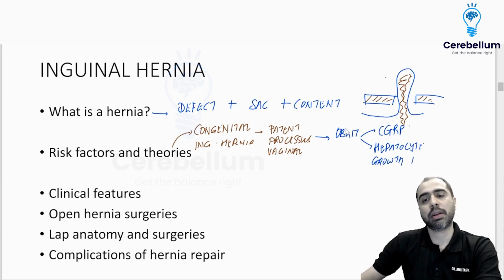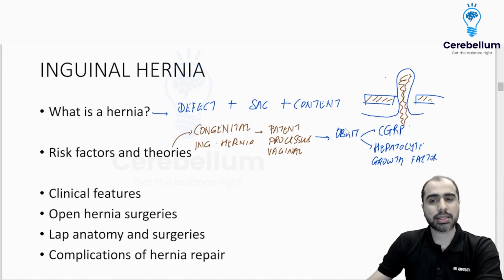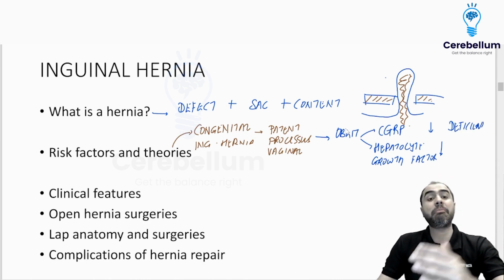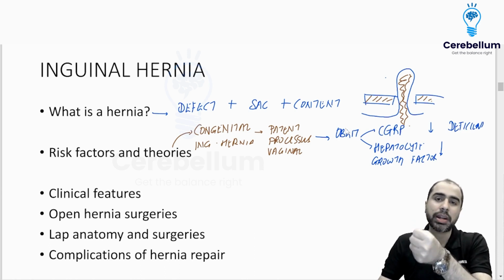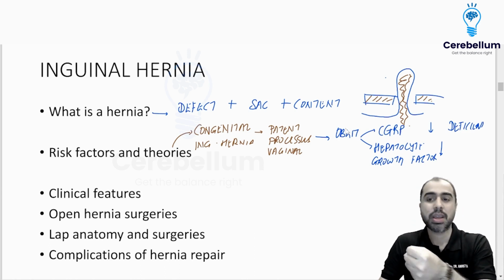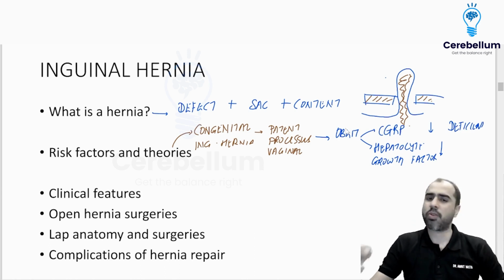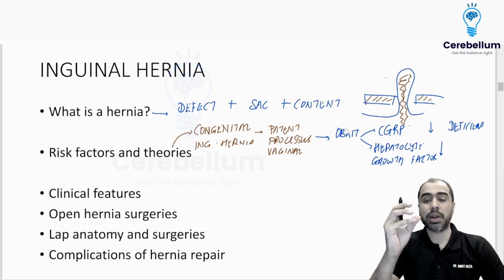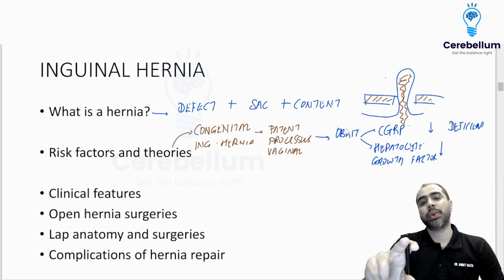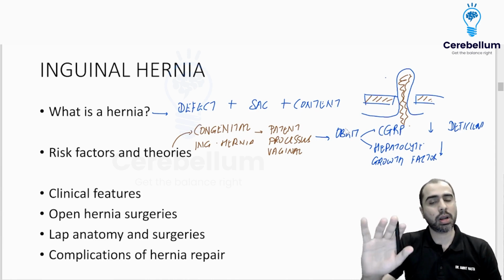The theory is if these factors or hormones are not produced adequately, if they are deficient, then the processus vaginalis will remain patent. They are required to get it obliterated and fibrosed. If they are deficient for whatever reason, it will remain patent, and if it remains patent, you can get a congenital inguinal hernia.